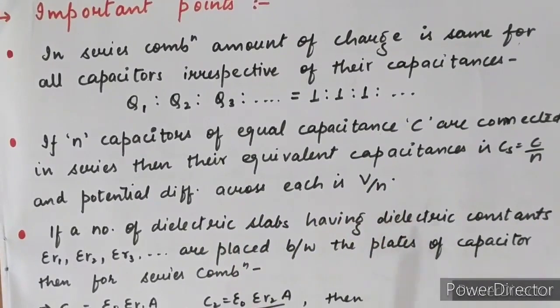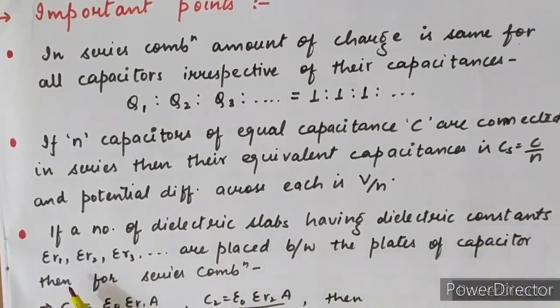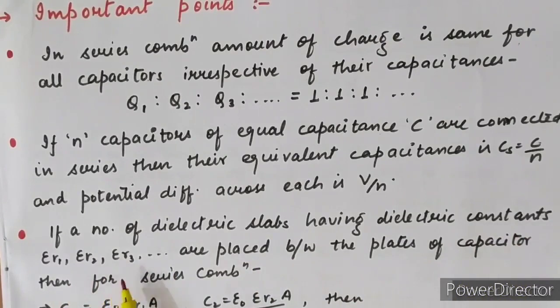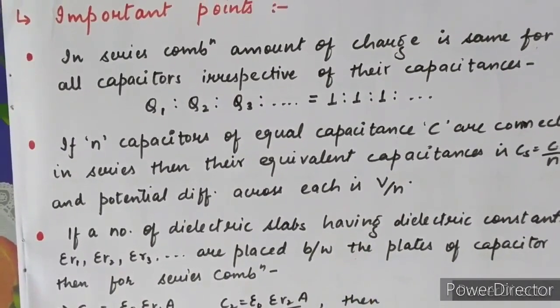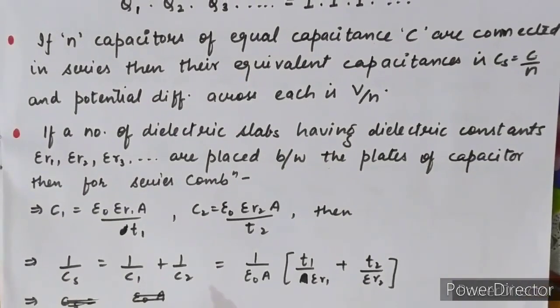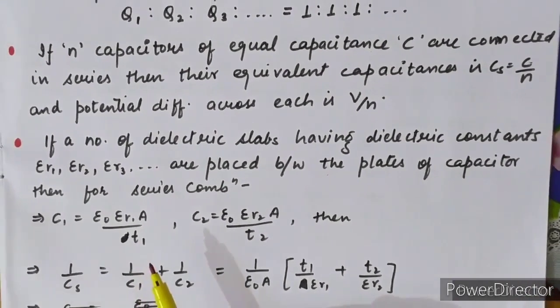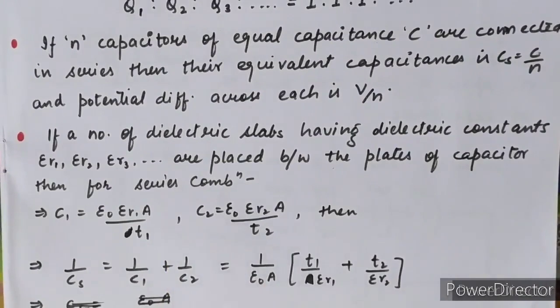Third important point. If a number of dielectric slabs having dielectric constants epsilon R1, epsilon R2, epsilon R3 and so on are placed between the plates of the capacitor, then what will be the value of the equivalent capacitance in series combination?